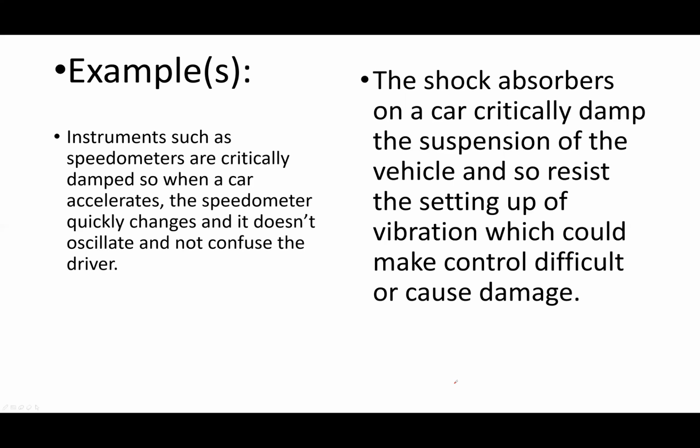So shock absorbers are also an example of critical damping. So critical damping is when the body returns to its equilibrium position without oscillation. Examples are the speedometer of a car and shock absorbers.